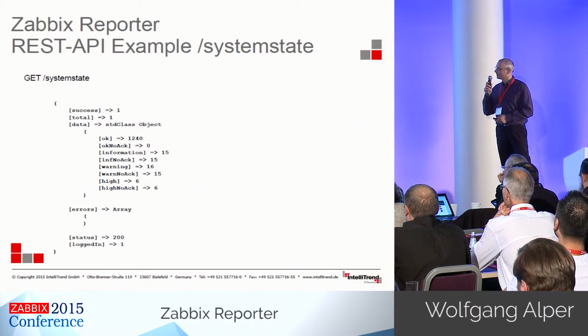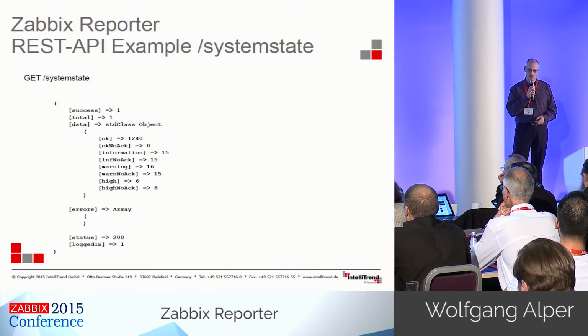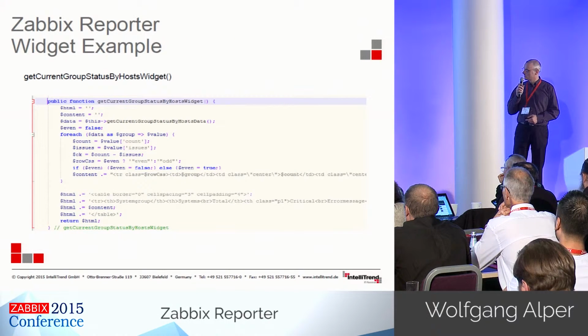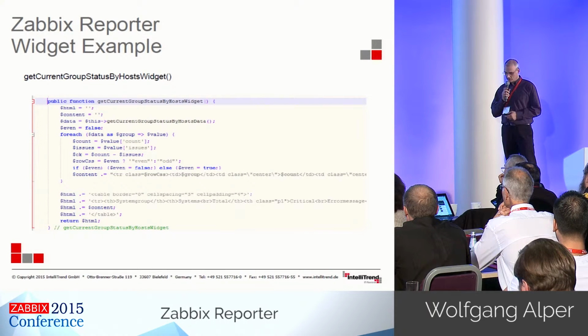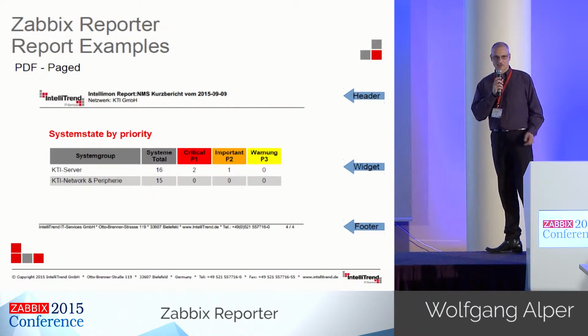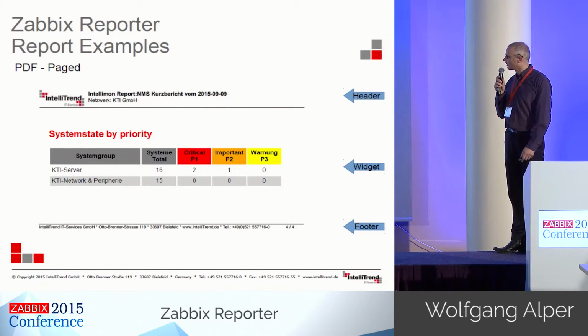This is a result of the system state call, for example. It gives combined information about the system state. That is a PHP-based template where you just insert your HTML code, and then you have the widget as you would like it to look. This is how a widget would look, one widget, for example, giving the system state by priority.